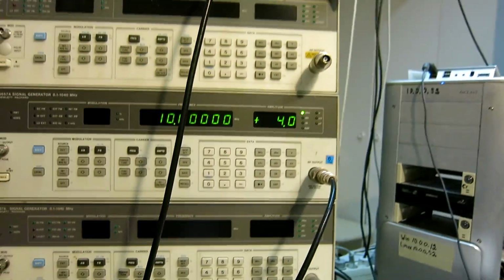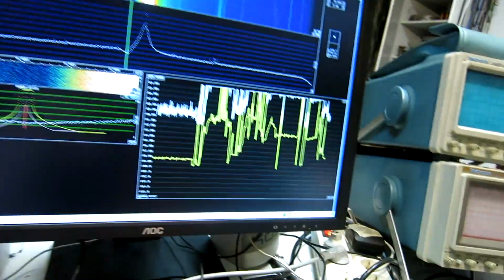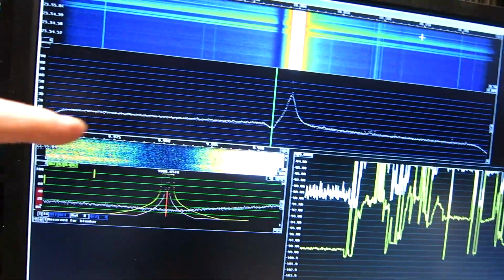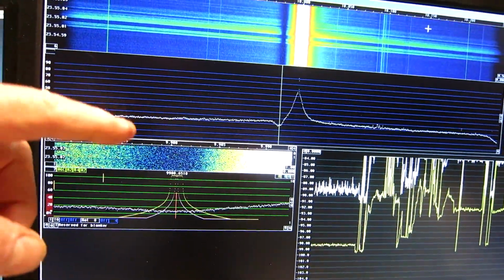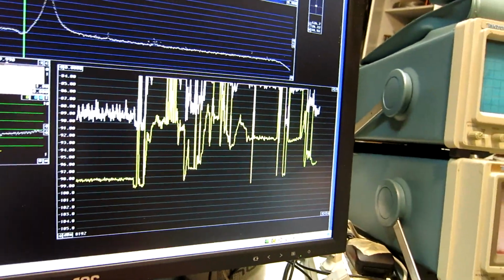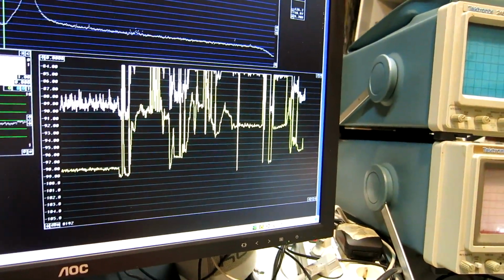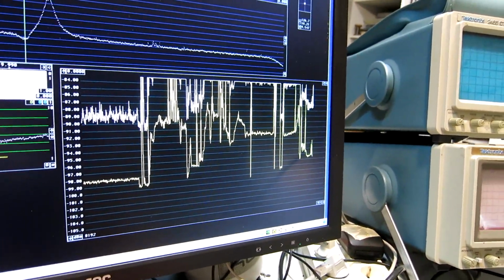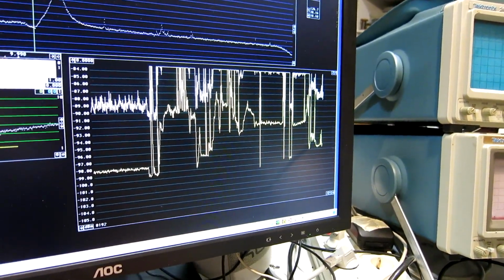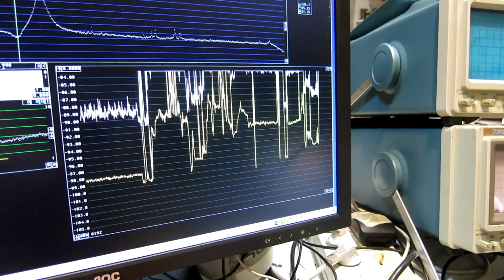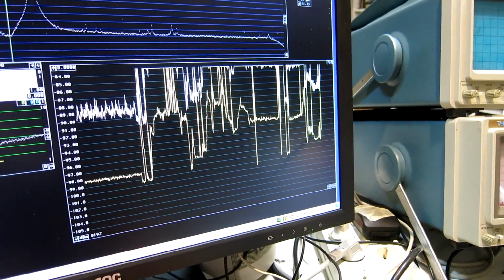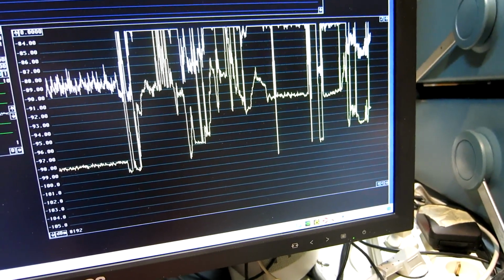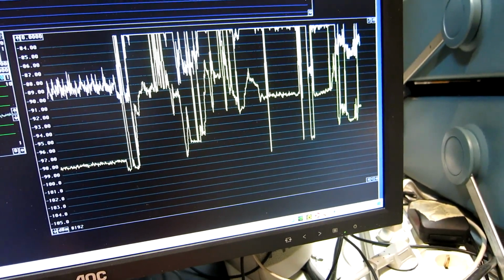And I have this at 4 dBm, and I look at the noise within the notch. There is some instability in the oscillator, but as you can see, it doesn't affect much the signal within the notch. But I increase the amplitude in steps of 1 dB. 1, 2, 3, 4, 5.